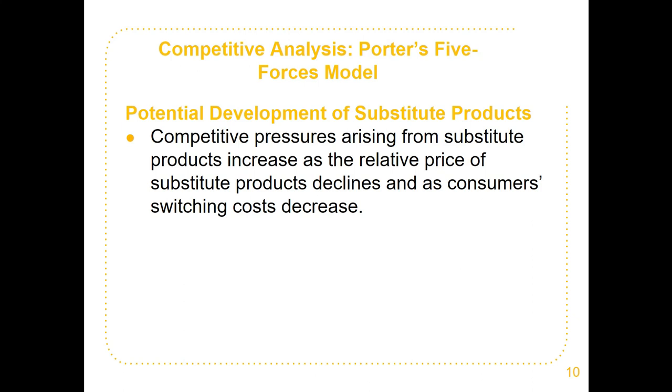We also have here the bargaining power of suppliers. Basically, competitive pressures arising from substitute products increase as the relative price of substitute products declines and as consumer switching costs decrease.